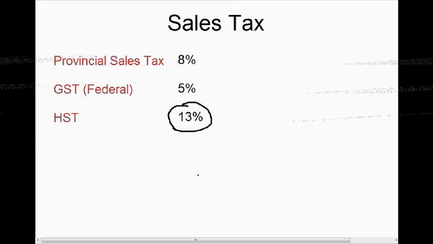So when we're calculating how much tax we pay on a good or a service, it's 13% of whatever the cost of the item is. So if we're going to translate that into a math sentence, I'm going to use a little bit of algebra here to translate this sentence into a math sentence, because we have this word here, cost.